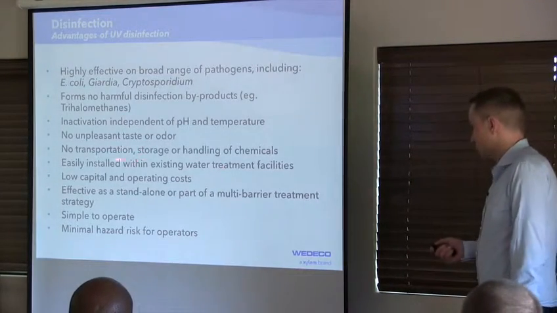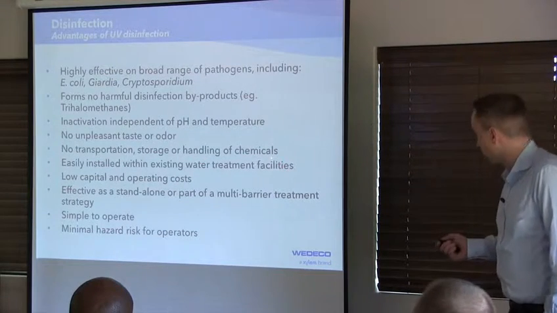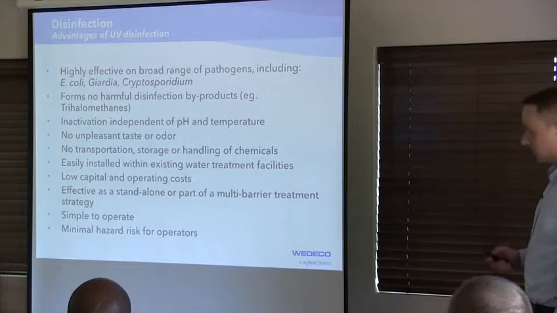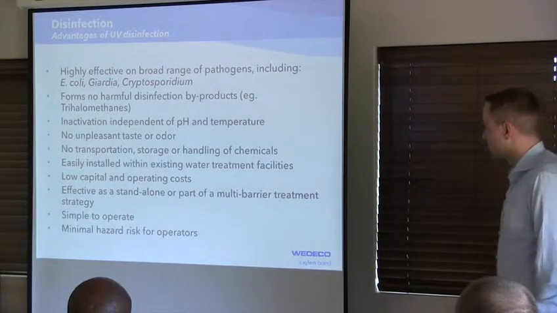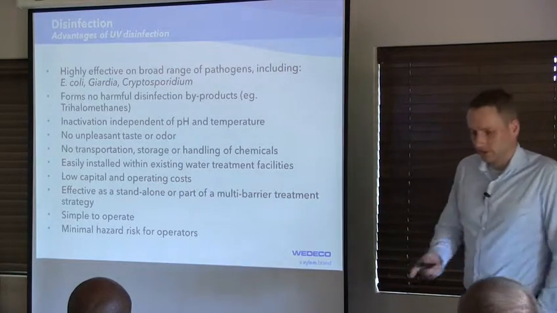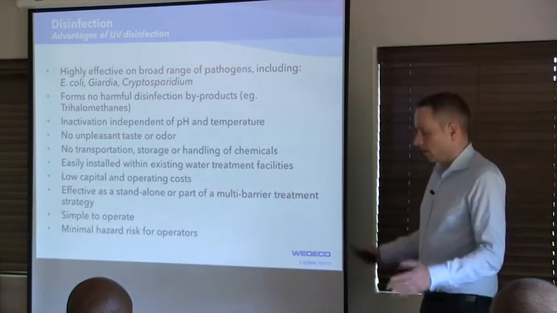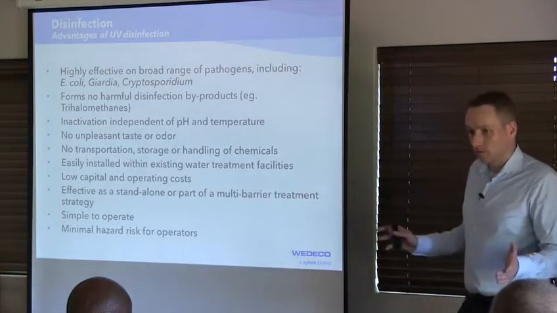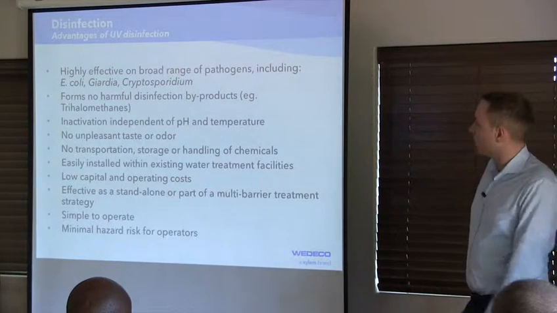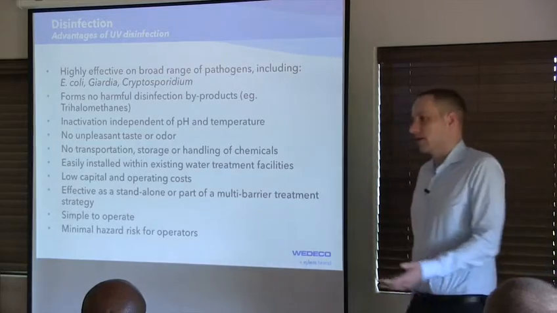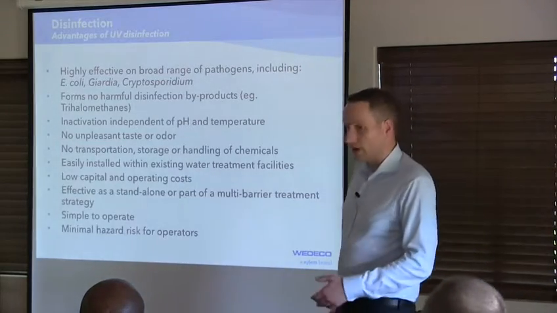You don't need to transport, store, or handle dangerous chemicals, and it can be easily installed in existing water treatment facilities, both in drinking water facilities. A UV reactor has a very small footprint normally, and for wastewater systems, we can normally make use of chlorine tanks.